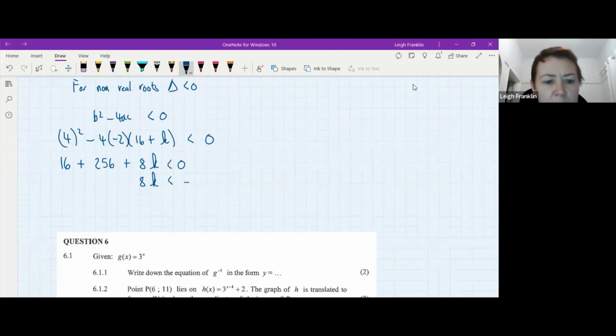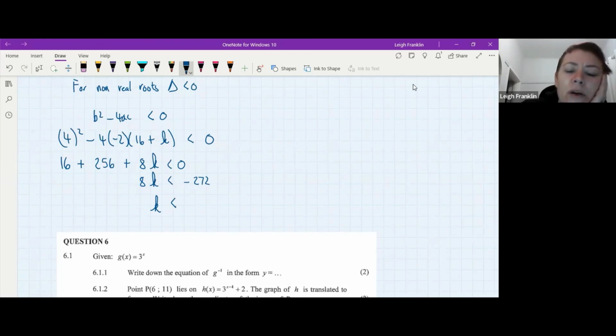So that's minus 272, and then when we divide both sides by 8, k is going to be smaller than... have I done something wrong here? No, that's negative, sorry, silly me. Negative 34. No, we haven't done anything wrong. Perfect. Everybody happy with that?